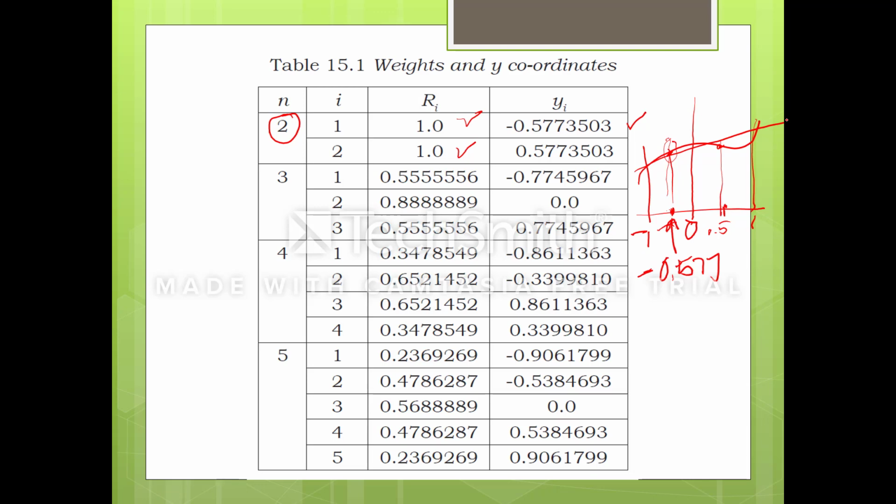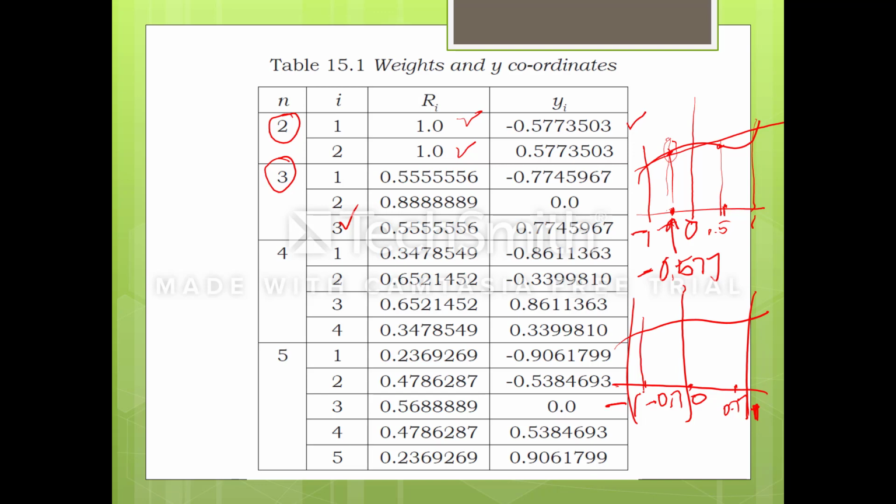And when you take n equal to 3, you will have 3 points. These 3 points are in between the 2 limits, minus 1 and 1. So the points are minus 0.77, plus 0.77, then 0.